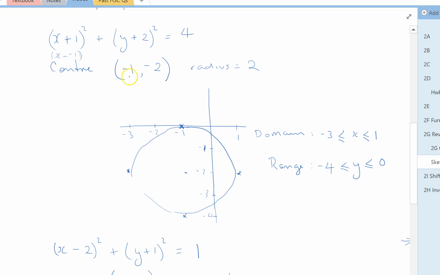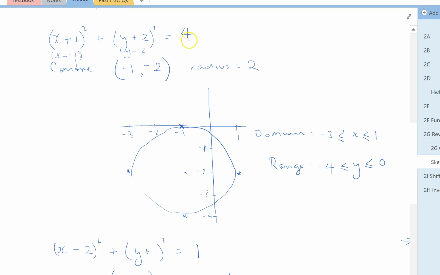It's this -1. And here I must have had y subtract -2, which gives the y-ordinate of the centre at -2. Look, the easiest thing to do is just look at it and go, well, it's the opposite. So the opposite to +1 is -1 for x. Opposite to +2 is -2 for y.